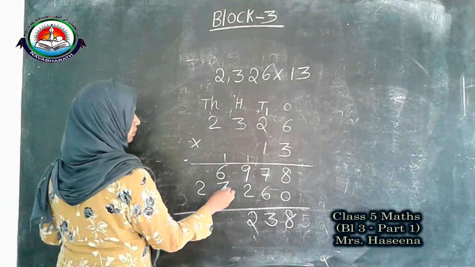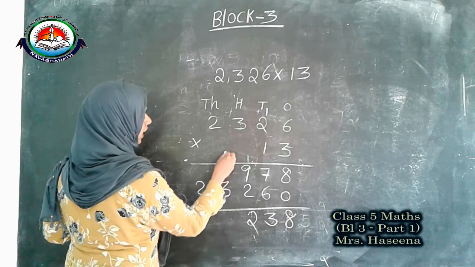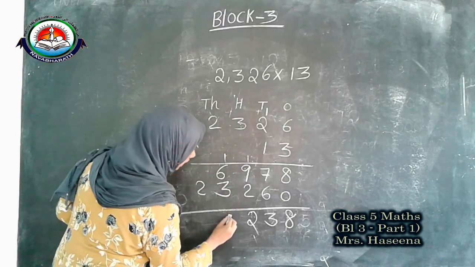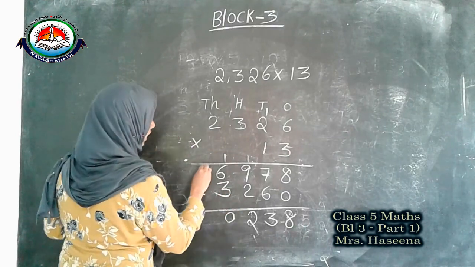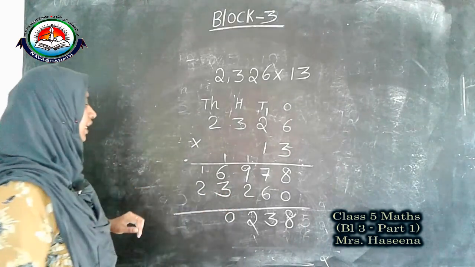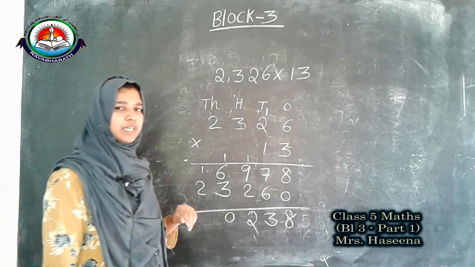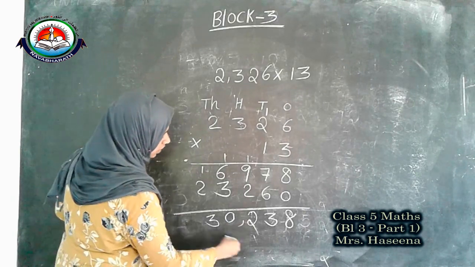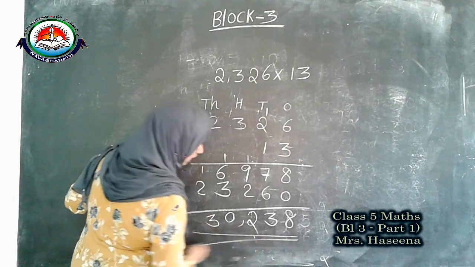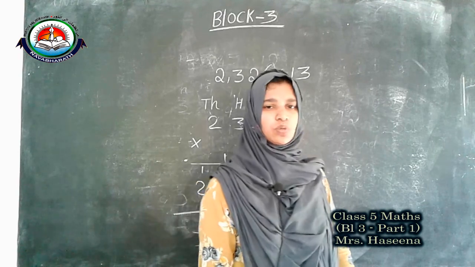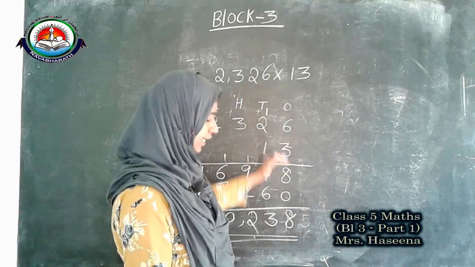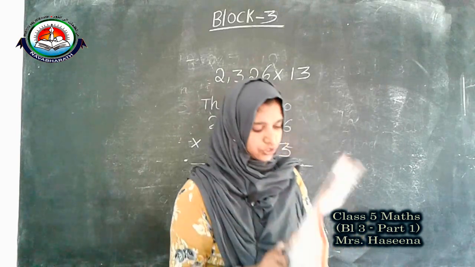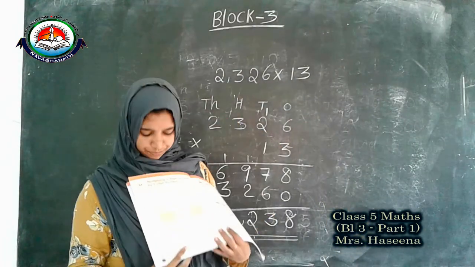Then 6 plus 3, 9. 9 plus 1, 10. 10 we can write only 0, balance 1, that is 10,000. 2 plus 1, 3. So, what is our answer? 30,238.